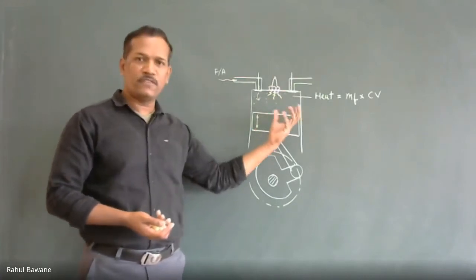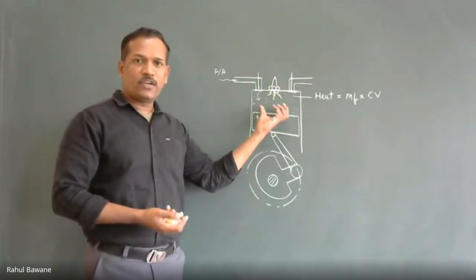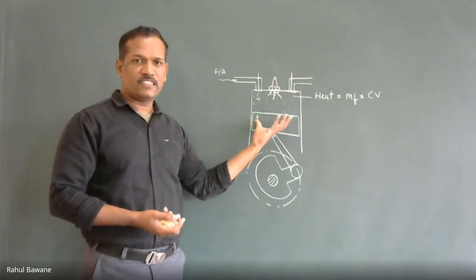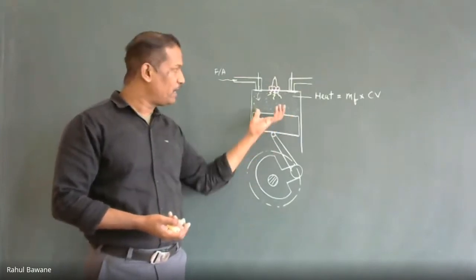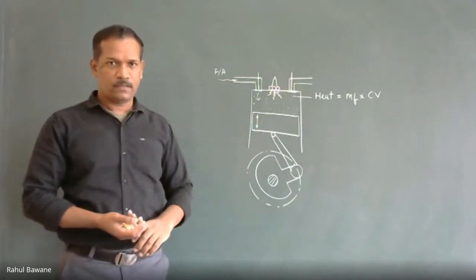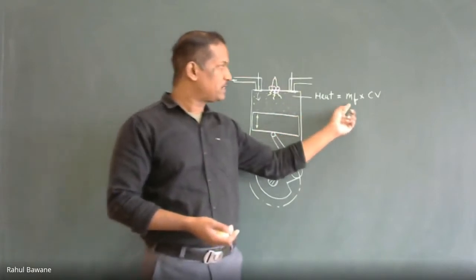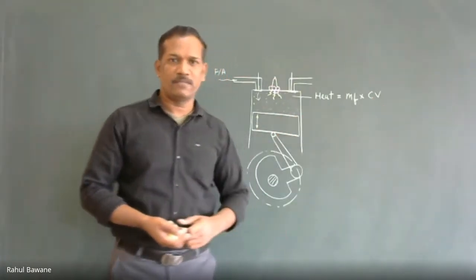We require air only for the sake of providing oxygen for burning. So in the air fuel mixture a chemical reaction takes place, that is called combustion of fuel, and a tremendous amount of heat is generated. The total heat generated is mass of fuel multiplied by the calorific value of that fuel.